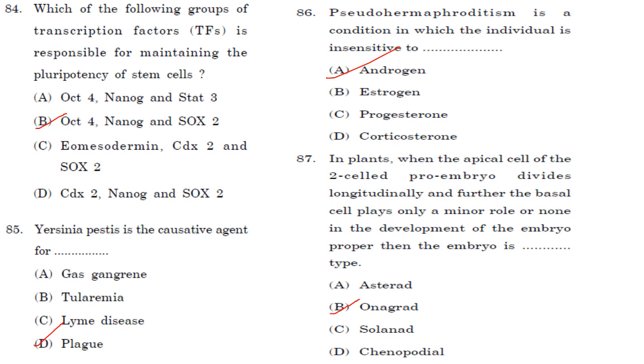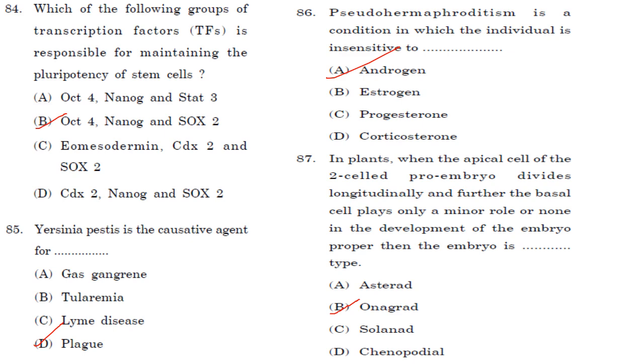Yersinia pestis is the causative agent of plague. Answer is D. Pseudohermaphroditism is a condition in which the individual is insensitive to androgen. Answer is option A. In a plant, when the apical cell of the two-celled proembryo divides longitudinally and further the basal cell plays only a minor role or none in the development of the embryo proper, then the embryo is onagrad.